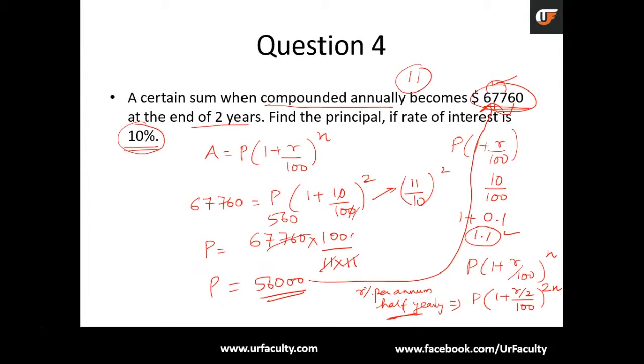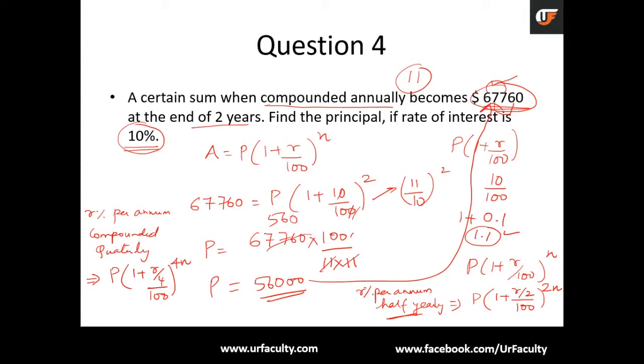Now, what if they say R percentage per annum compounded quarterly? P into 1 plus R by 4 by 100 power 4n.